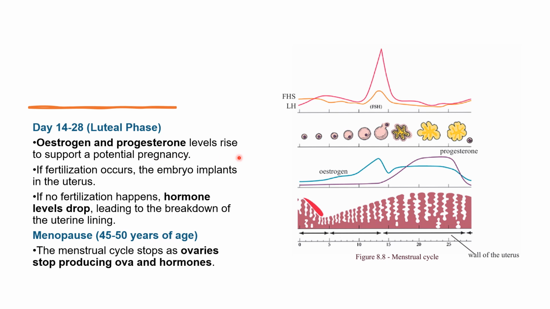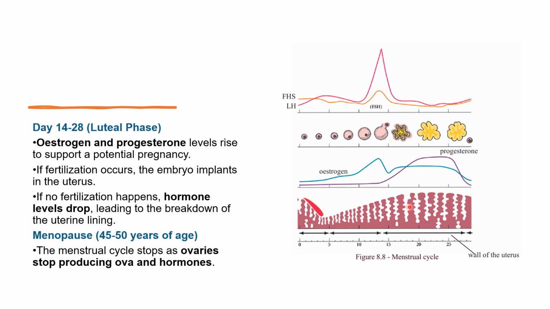As you can see, estrogen and progesterone hormones are both at a high level, and it is there in order to support a potential pregnancy, because the wall of the uterus is now ready to receive a fertilized ovum. So if fertilization occurs, the embryo which comes to the uterus implants in the uterine wall.